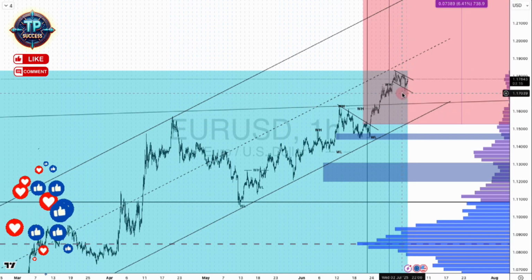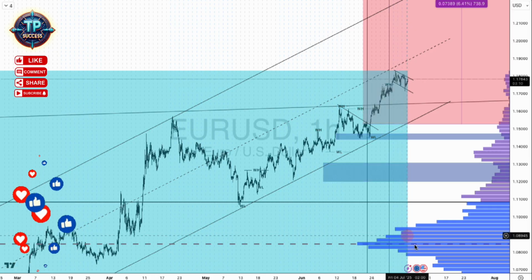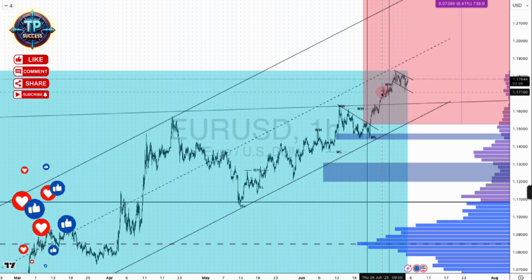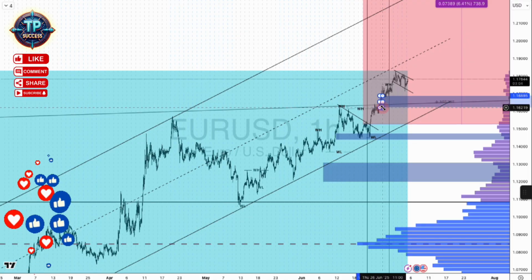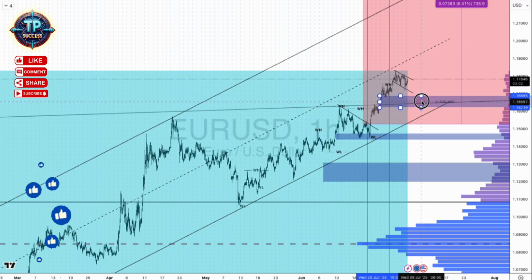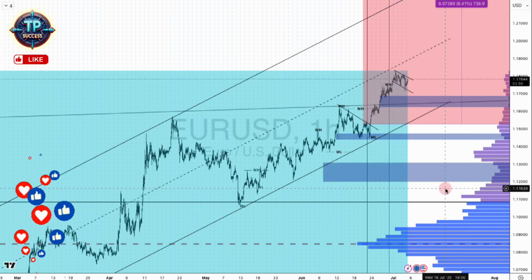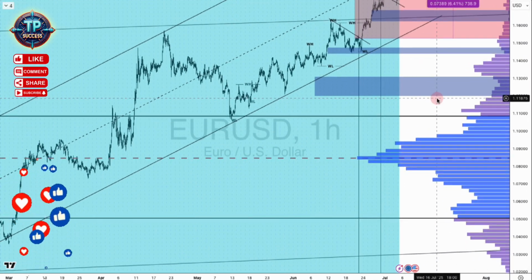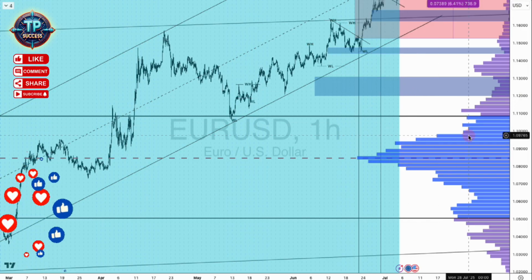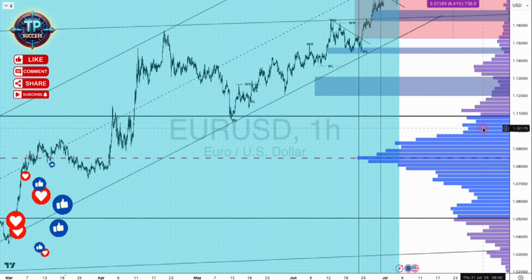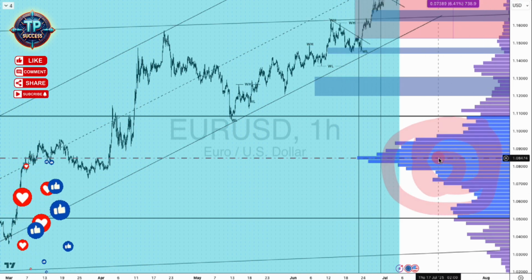Okay, so what we've got here is we have a low value node in this area right here, right? We have a low value node in this area right here. Price is now in the low value area of the volume profile. So just to give you a bit of a helping hand, if you don't know already, because I have been talking about this a fair bit, this is the high value area of the volume profile.